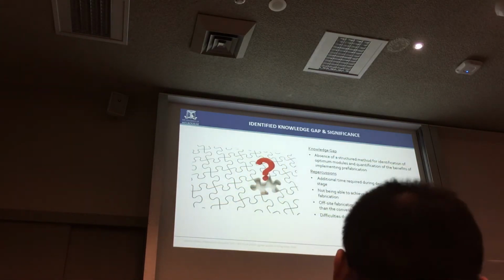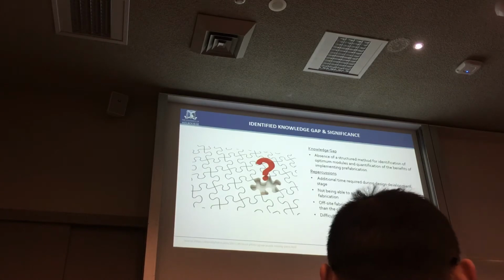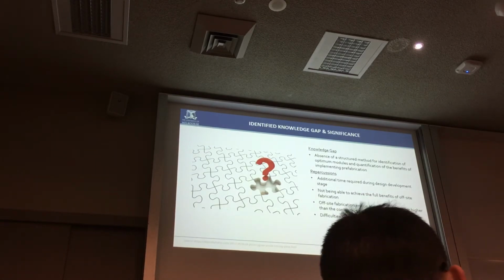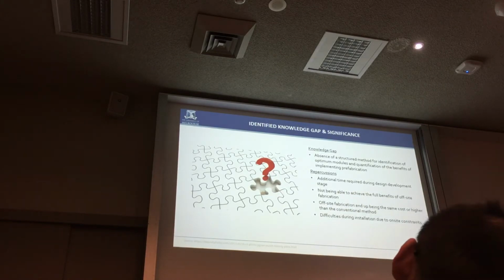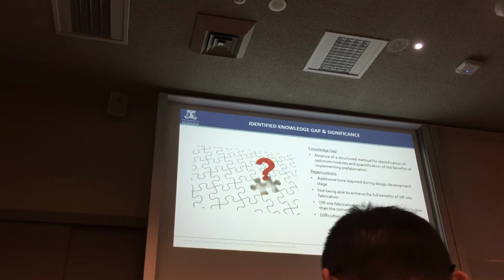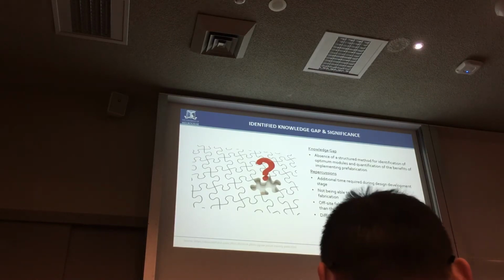Looking at the industry and the different methods used for modularization in the overall modular industry, the main research gap identified is an absence of a structured method for identification of optimum modules and quantification of the benefits of implementing prefabrication. There is no such method available in any form of construction, not just MEP.